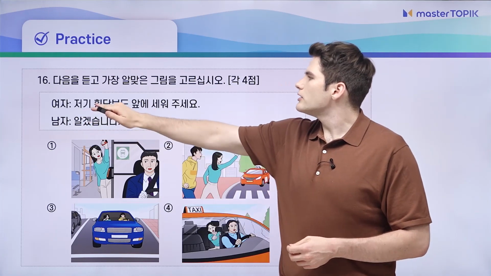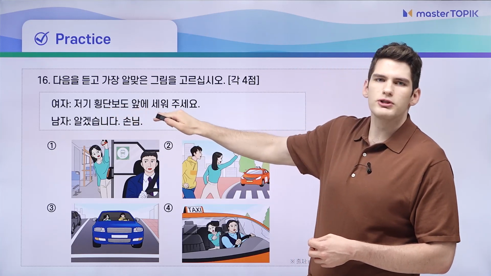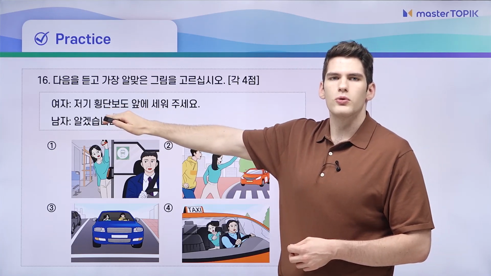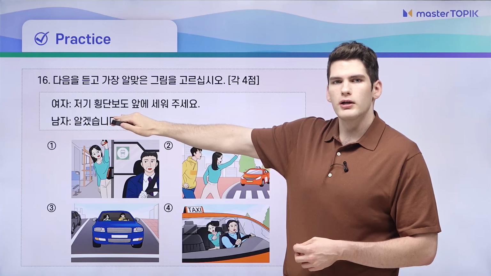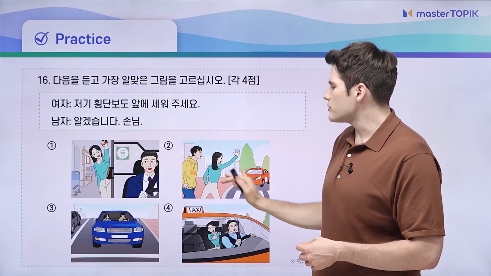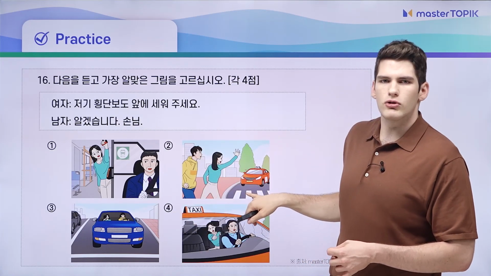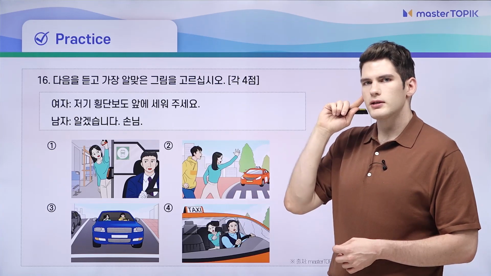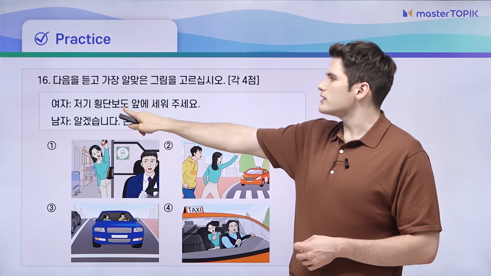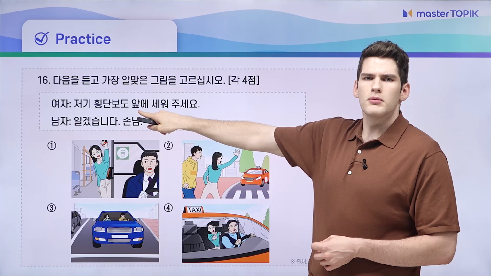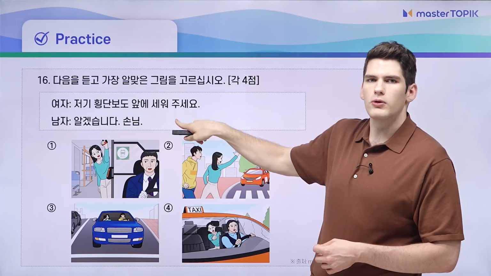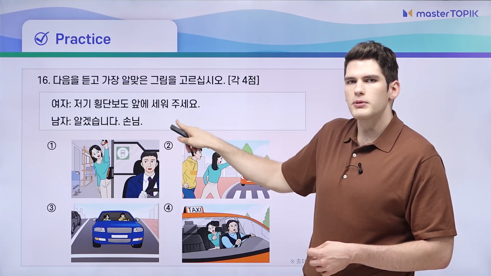The woman says, 저기 횡단보도 앞에 세워주세요. 횡단보도, a crosswalk, right? So here, you could look at the pictures and see that here's a crosswalk, but we have to listen to what she's saying. 횡단보도 앞에 세워주세요. Oh, she's telling somebody to do something.